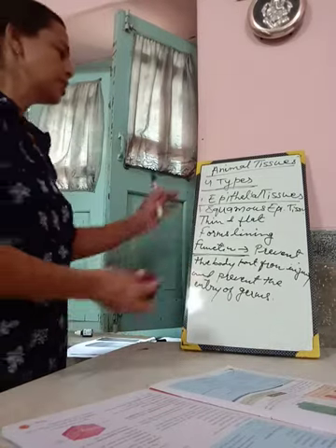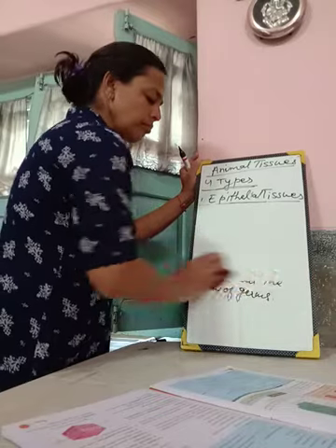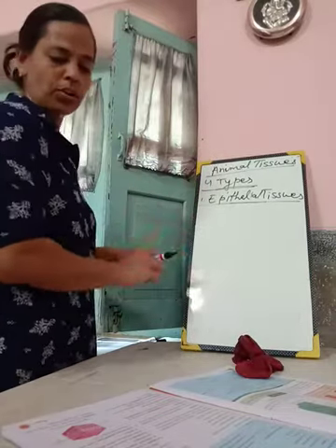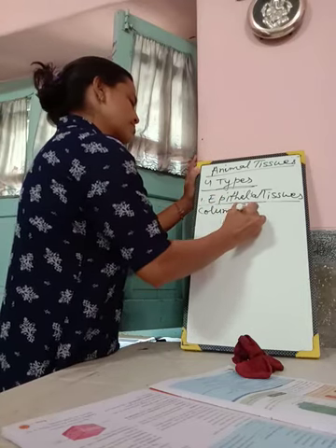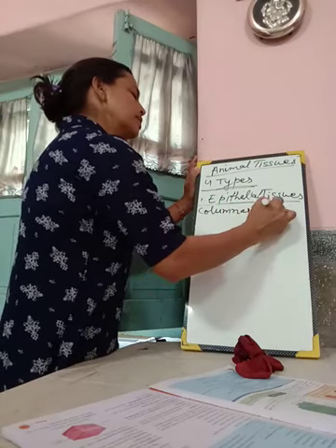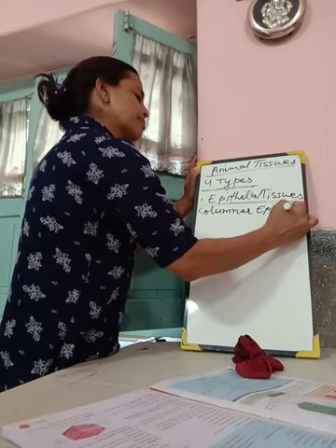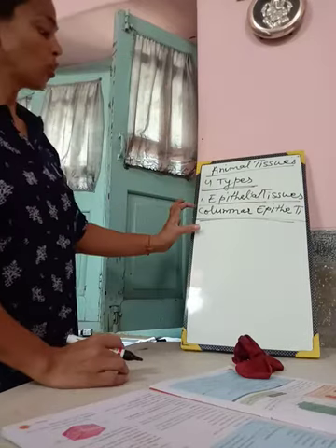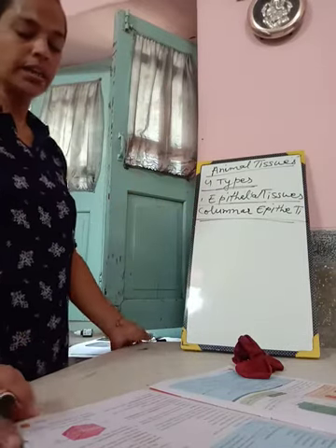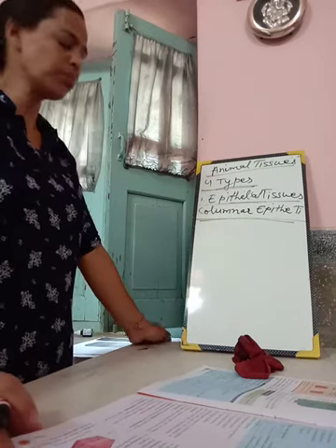The next tissue of epithelium tissue is columnar epithelium tissue. As the name suggests, columnar means they are in the form of columns. Cells are long and column-like.